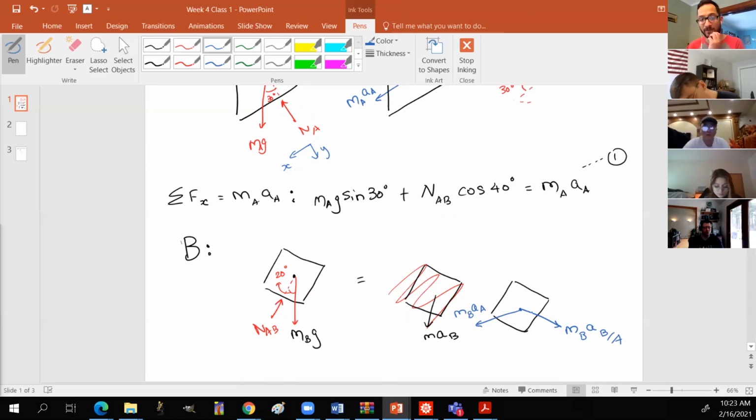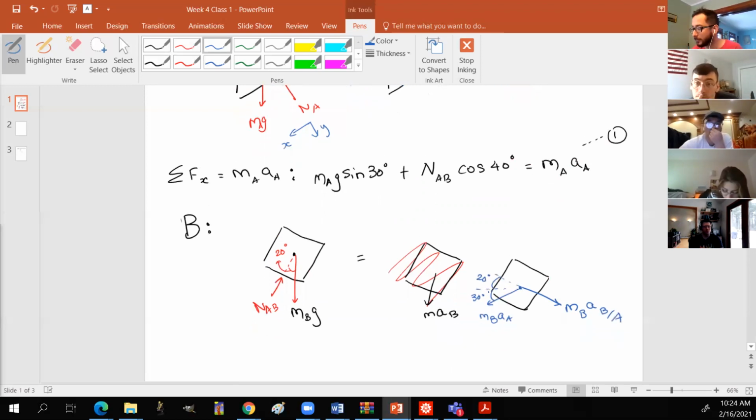So what I mean by that is that if I look at this terrible drawing, give me a second, guys, let me just fix it. Like that, right? Draw this angle. So we know that this angle is equal to 30 degrees. And we know that that angle is equal to 20 degrees, right?